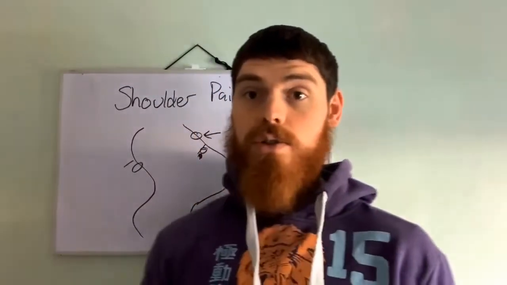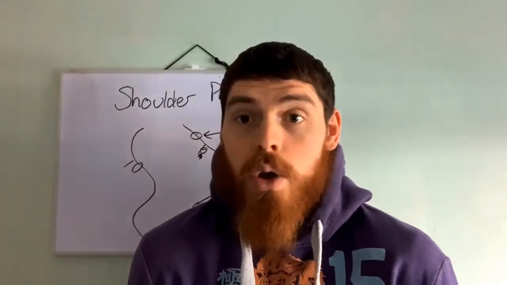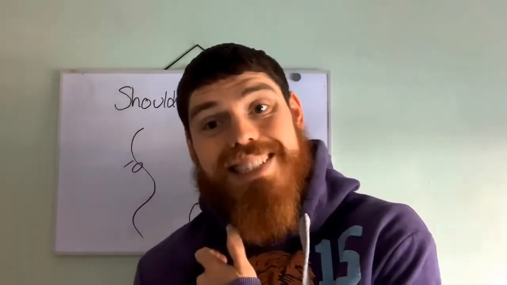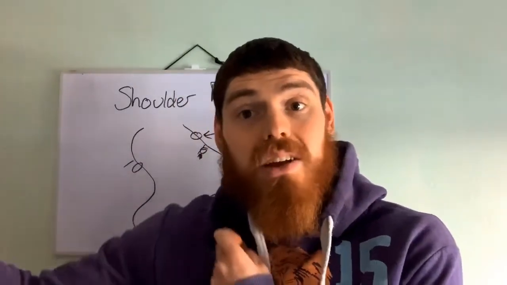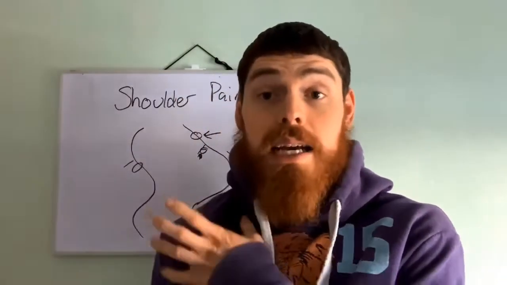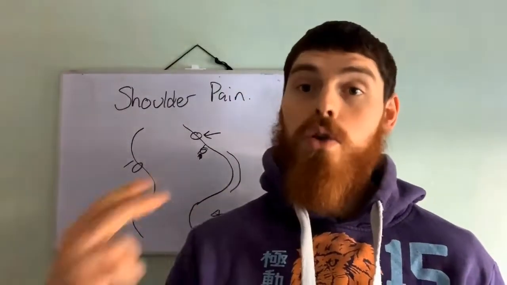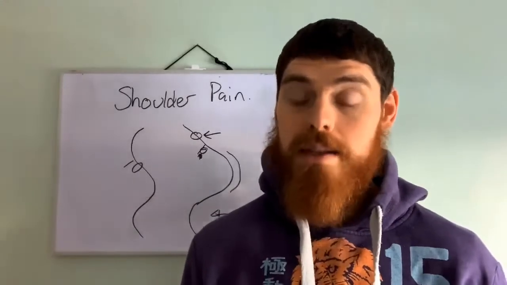We're characterized by this rolled-in posture, which puts the head of the humerus underneath the clavicle, meaning it can't go up. As a result, we start to see impingements on those nerve roots, ligaments and tendons, and that's when pain starts to occur.